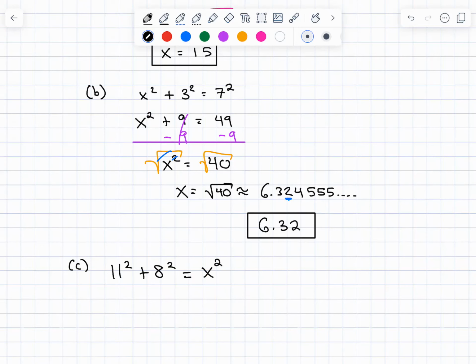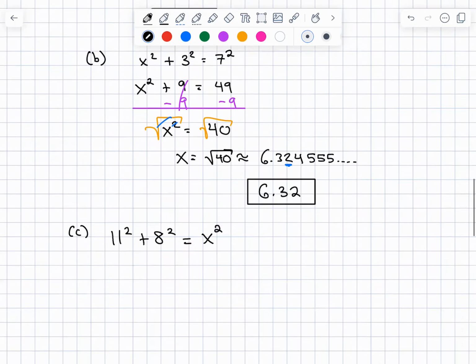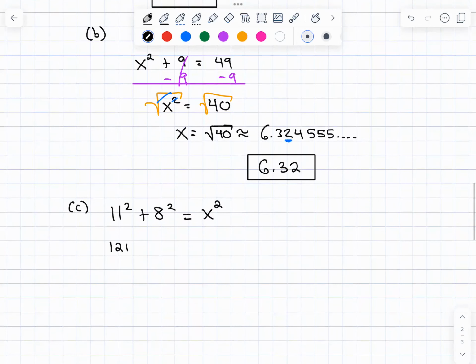But you can use any variable you want. If you want to label it as y or z or whatever, you can do that. 11 squared is 121. Plus 8 squared, which is 64. Equals x squared. Though if you want to skip that and just plug that into your calculator right away and get 185, you're more than welcome to do so.